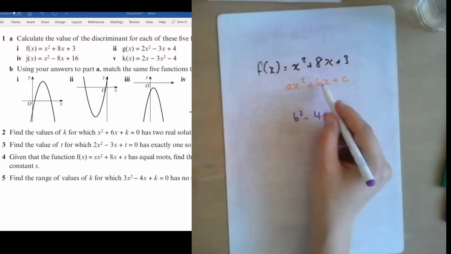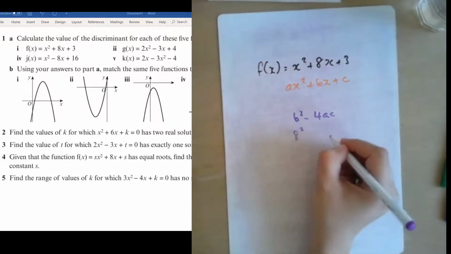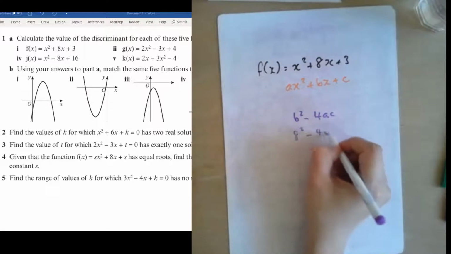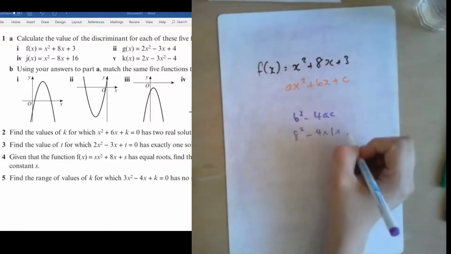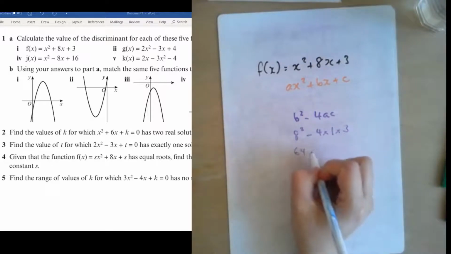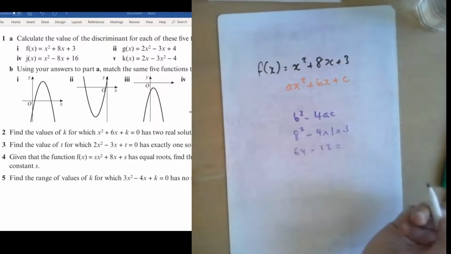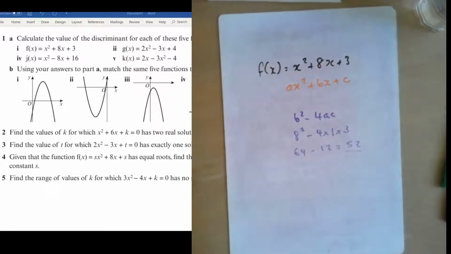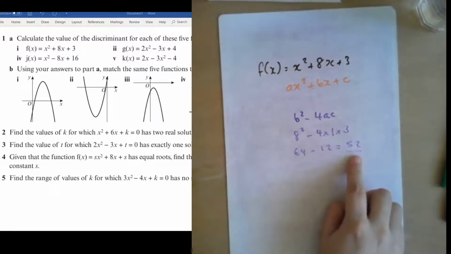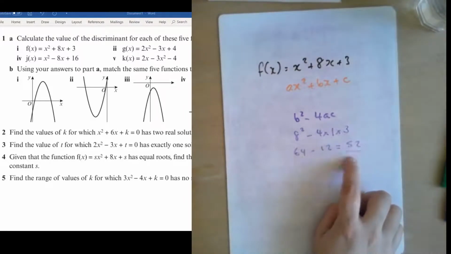So this is my b, so that would be 8 squared, take away 4 times a, which is 1, times c, which is 3. So that would be 64, take away 12, which is 52. So that's saying calculate the value of the discriminant. All they're asking for is the value of the discriminant, which is 52.